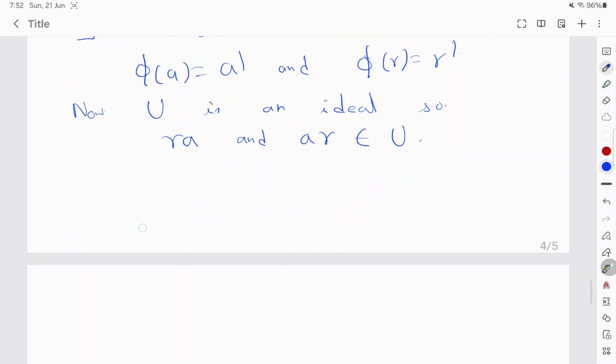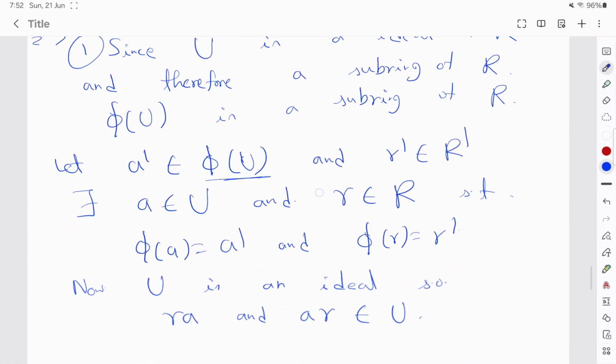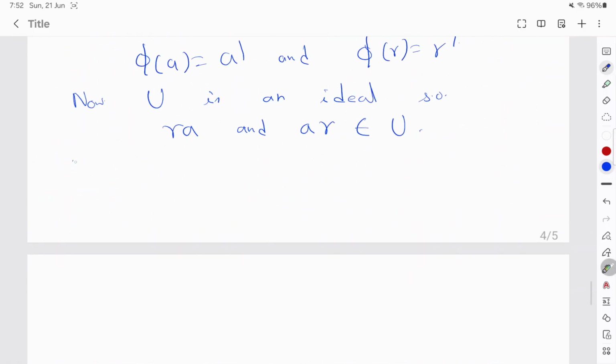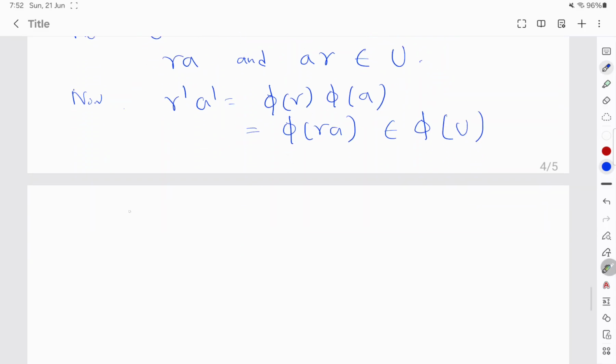Now for showing phi of U is an ideal, what you have to show is r' into a'. You can write this as phi of r into phi of a equals phi of ra, which belongs to phi of U, and similarly you can show the other way.